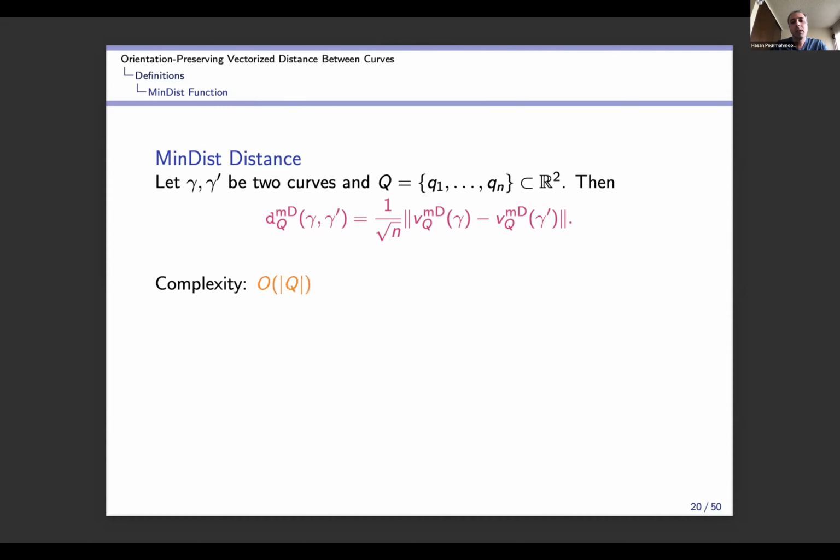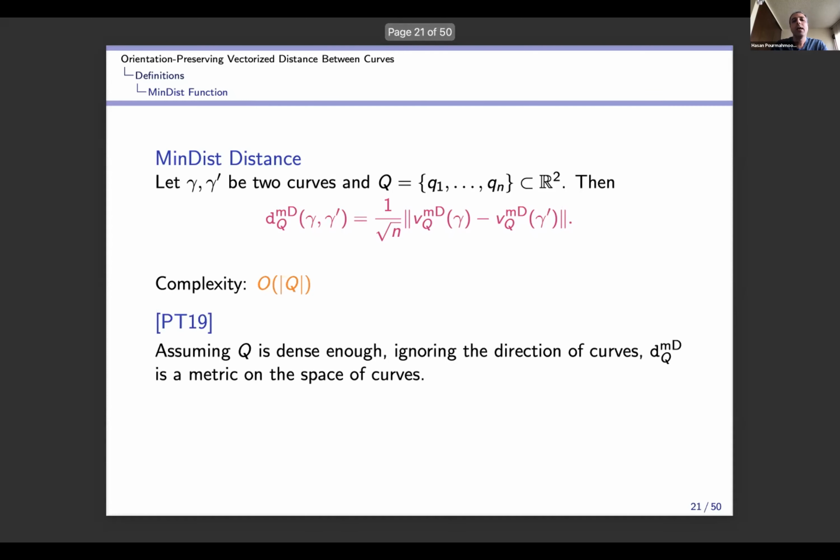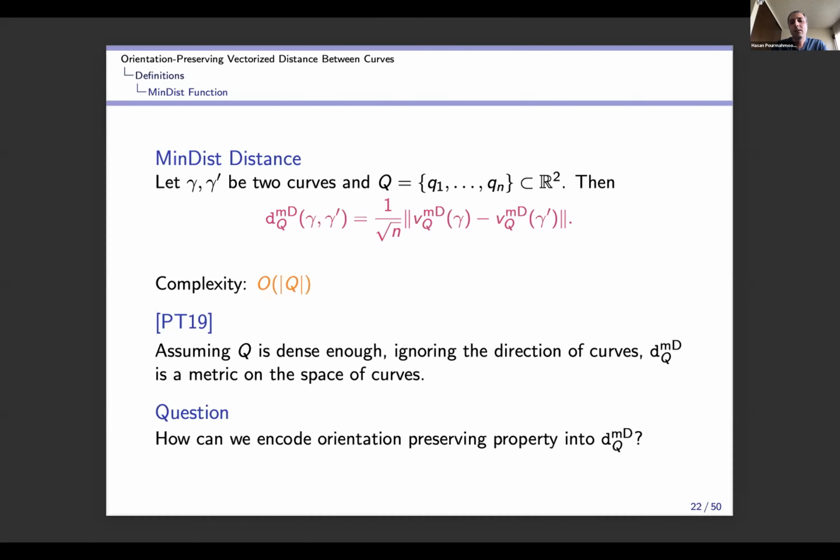As you see, the complexity here is big O of the size of Q, and they have proved that if Q is dense enough, ignoring the direction of the curve, this distance is a metric on the space of curves. As I said, it's not orientation preserving, and we're interested in how we can encode the orientation preserving property into this distance.